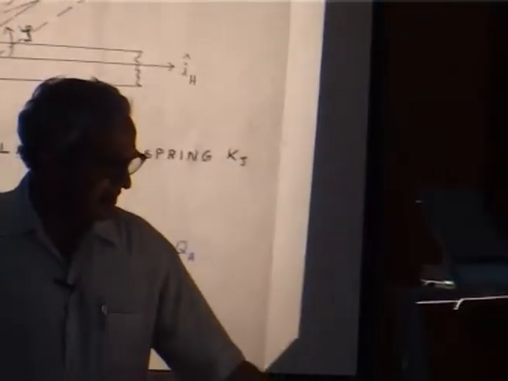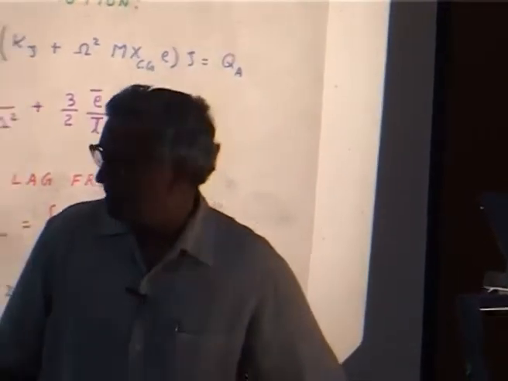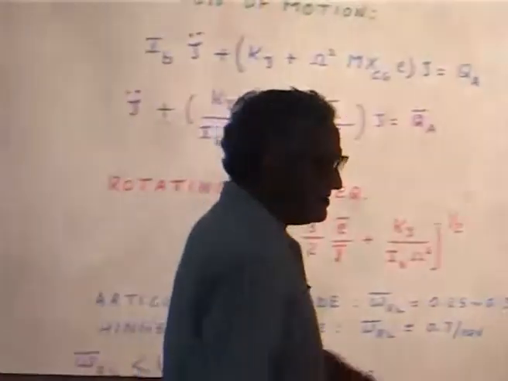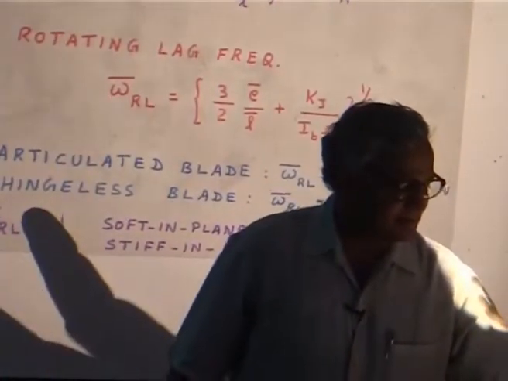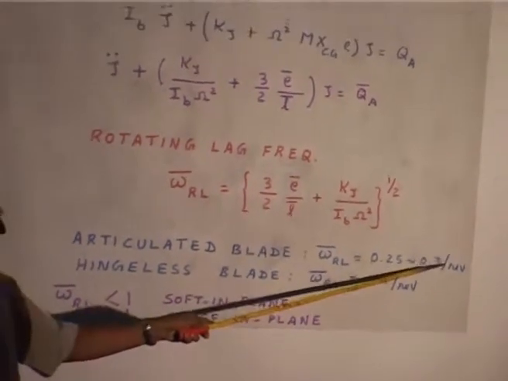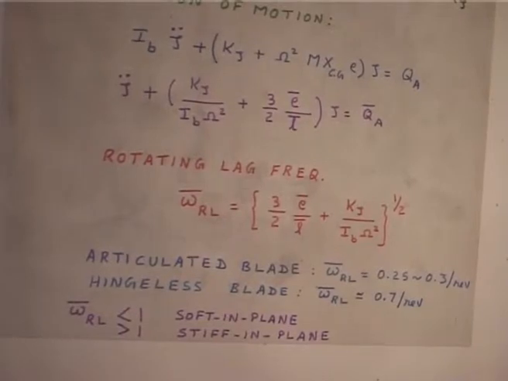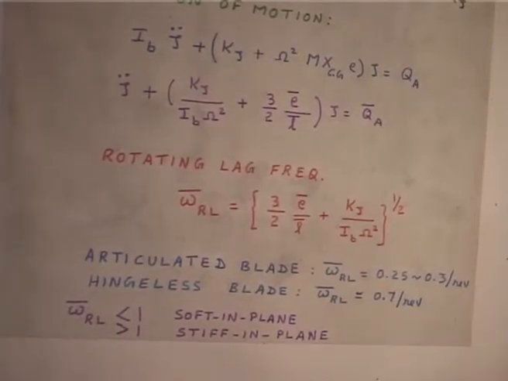Usually the choice of the lead lag frequency for an articulated blade will be around 0.25 to 0.3, because there won't be any spring in the case of an articulated blade, only hinge offset.